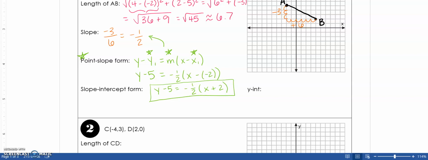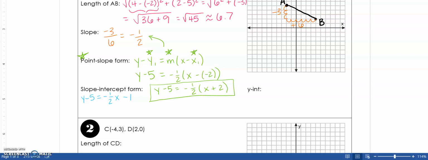So all I have to do is distribute the -1/2. I'll write it over here. Y minus 5 equals, I'm going to distribute my -1/2. So -1/2 times x is -1/2 x, and -1/2 times 2 is -1. You can do that on your calculator, or just think about it as what is half of 2 and make that negative.